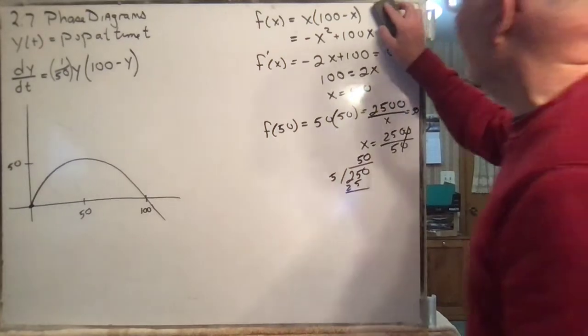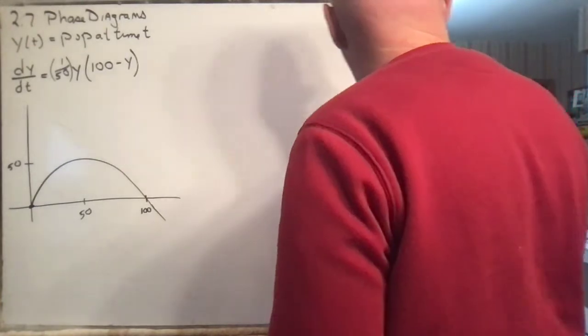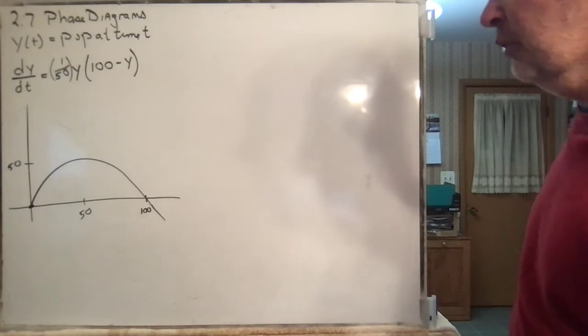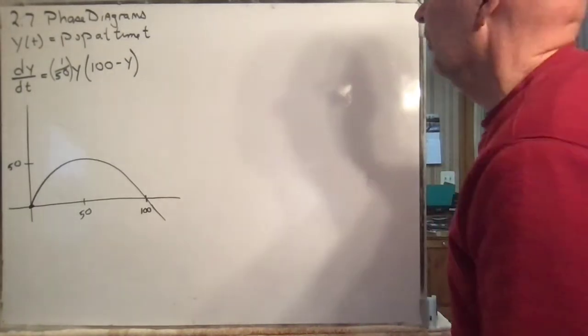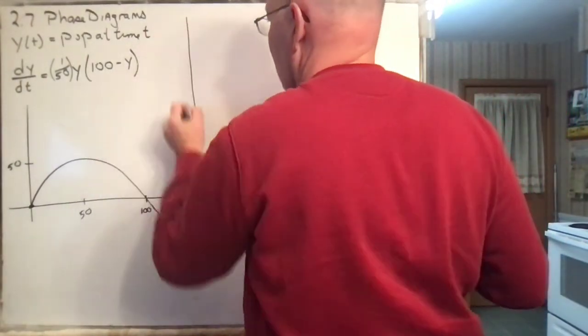So now that we have that, how can we find the solutions? What do the solutions look like? Okay, so let's do the same sort of thing we did before.